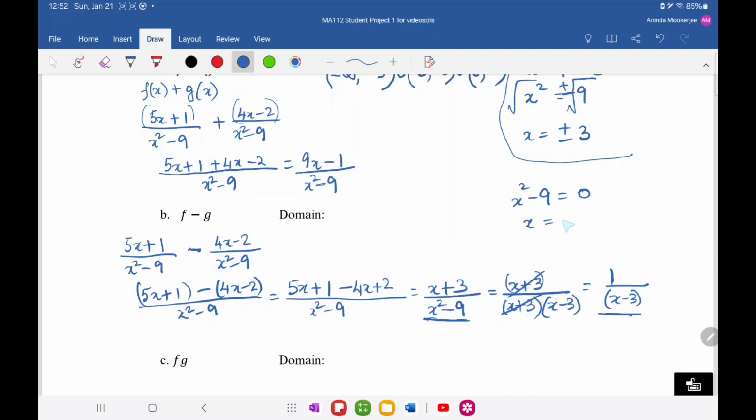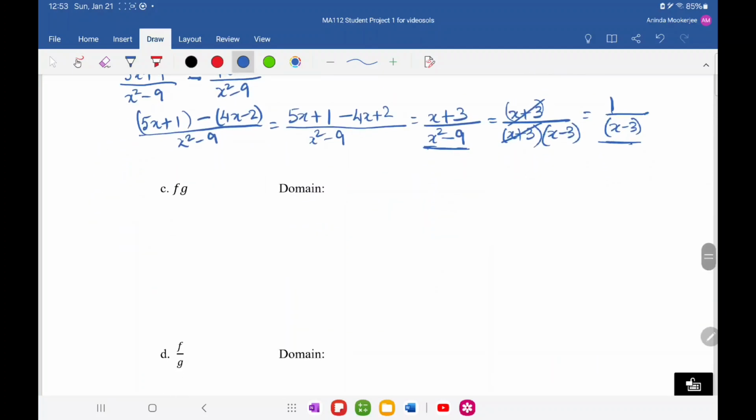We will have x equals plus minus 3. So when you're determining the domain, please use x squared minus 9 and not x minus 3. So the domain is going to be the same as the previous one: minus infinity to minus 3, union minus 3 comma positive 3, and then union 3 comma infinity.